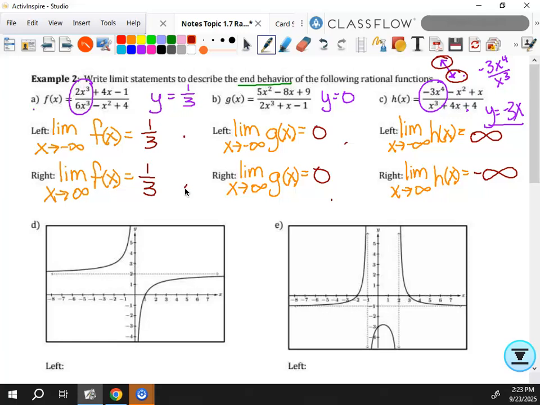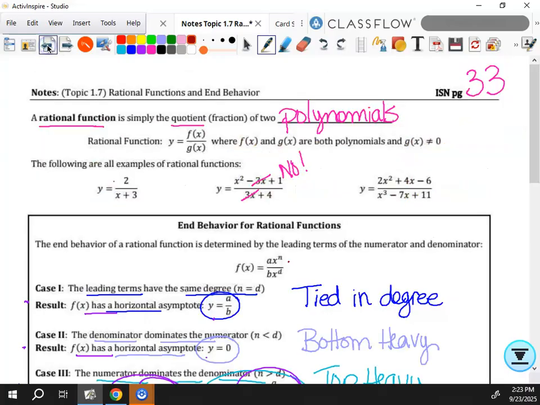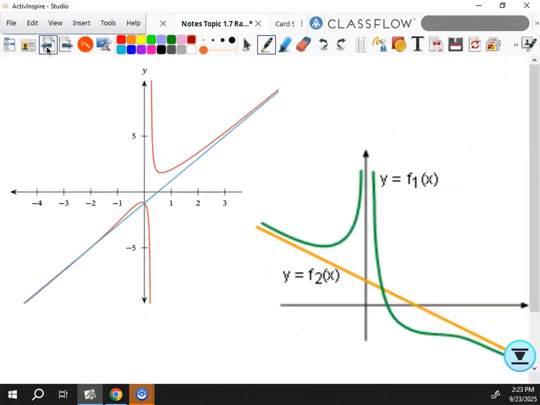His question was, if it's top heavy, will your answers always be some sort of infinity? The answer is yes. Let me say this another way. Let's pretend, I'm just making up something here: y equals 4x squared plus 3 over x minus 2.